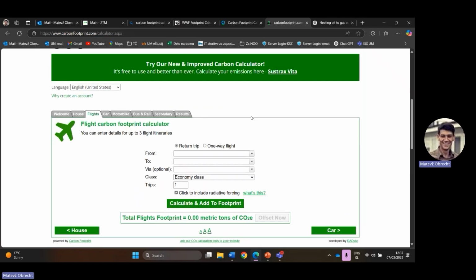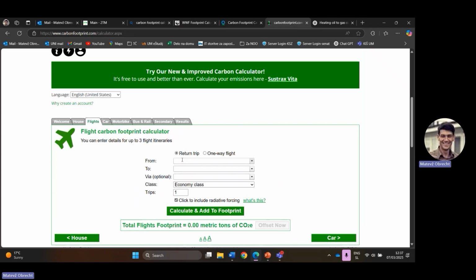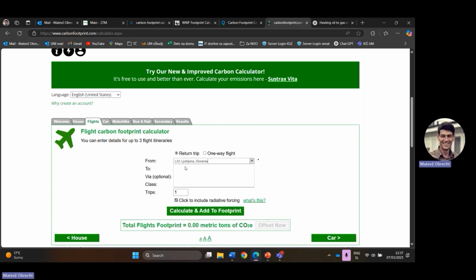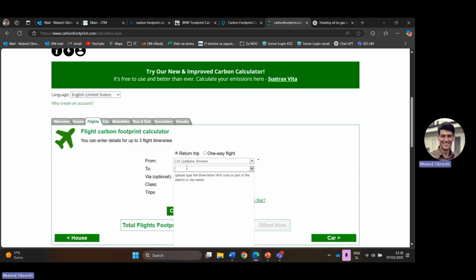Then we go for the flights. You can go on the return trip. You can have direct. You can specify better where you want to fly. So, for example, let's say, no, not Japan.